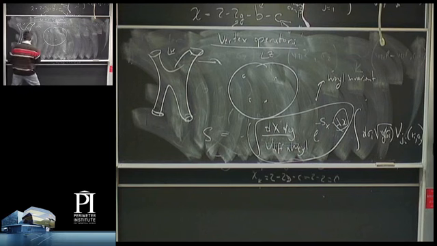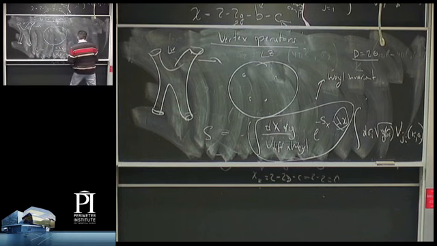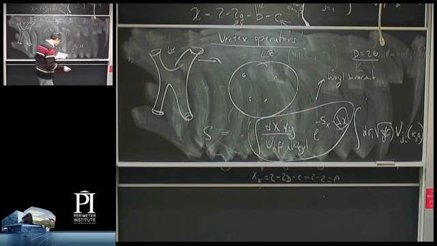And so this is S. So I'm integrating over X and the metric G, and then here I have insertion of vertex operators.